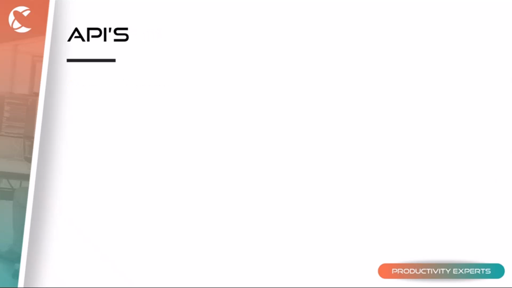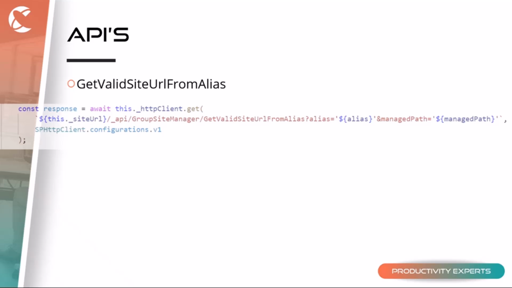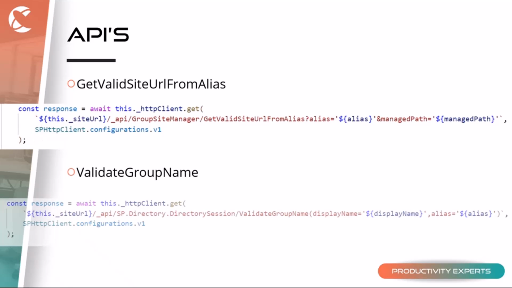Just a quick word on the API. I just checked, and I think there are no public APIs for this, but I checked the actual new site form for SharePoint, and it contains a couple of endpoints that you can use to validate if a group name can be used, and to validate if a site URL can be used. I just implemented these two and hung them up in my solution.